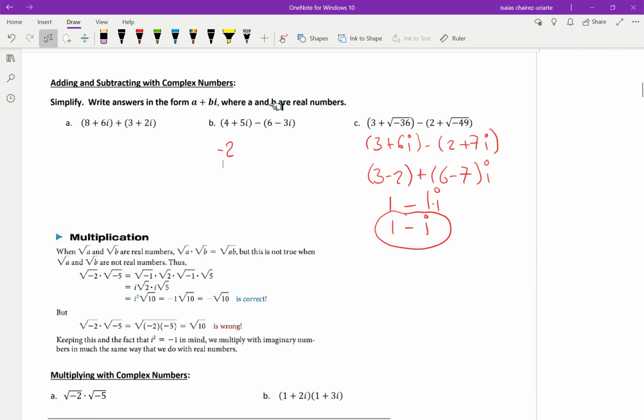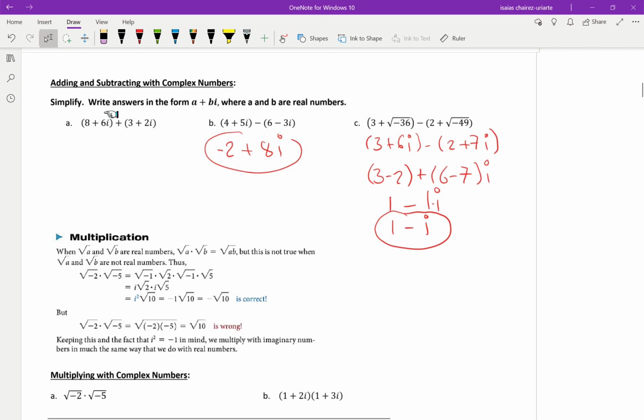The minus negative 3 becomes positive 3, so really it's 5 plus 3. So that becomes plus 8i. Again, be careful with your signs. Remember that in a sense you have to distribute this negative, so this becomes negative 6 and this becomes positive 3i. Okay, so that's it for that.